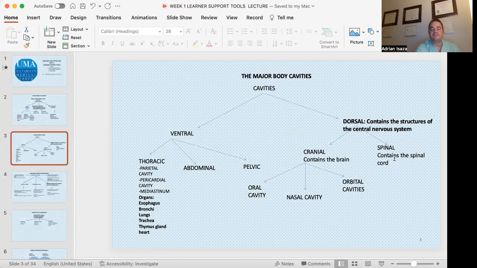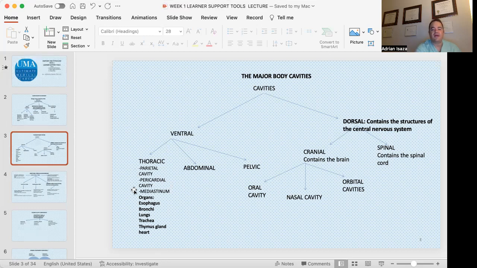So, the dorsal cavities in conjunction would contain the organs of the central nervous system. What comprises the central nervous system? Brain and spinal cord. And they're both located where? In the dorsal cavities, cranial and spinal. So I wrote it here verbatim, right? Contains the structures of the central nervous system. Make sure you know that.